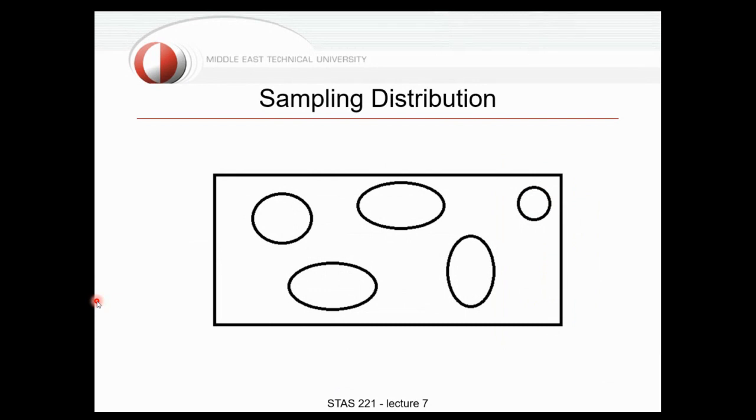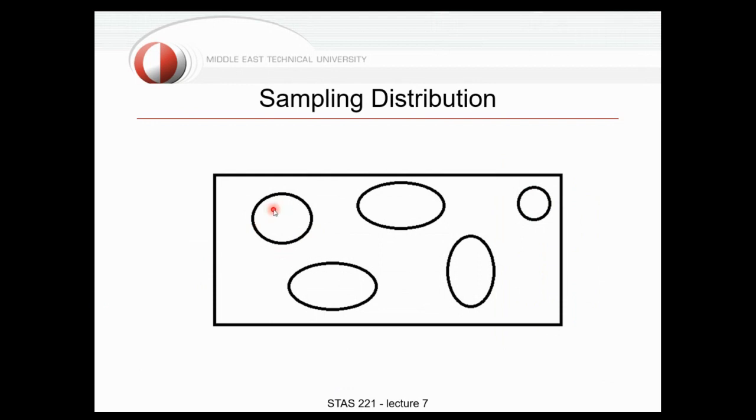So from one population, when you want to estimate the population parameter, maybe you need to take several samples from the same population in order to estimate it. For example, for the height of students, as in our example, if I take samples from different classes, not just your class.